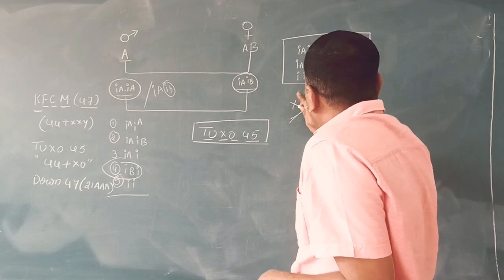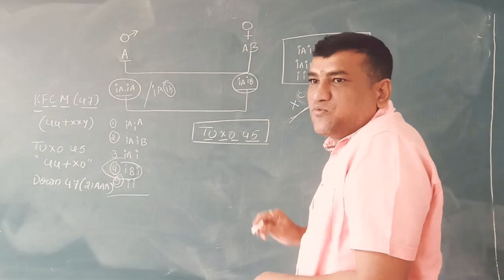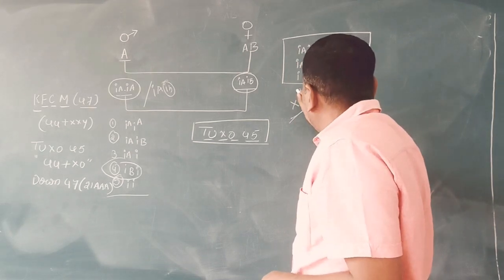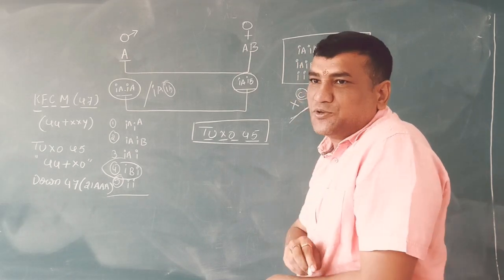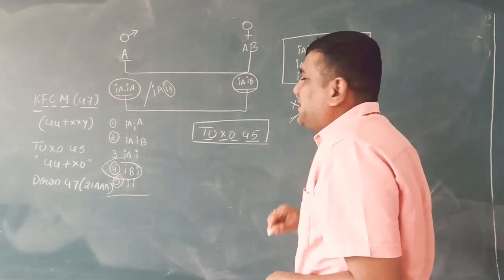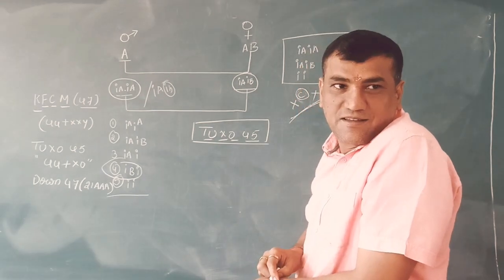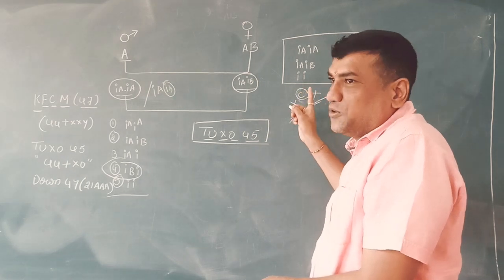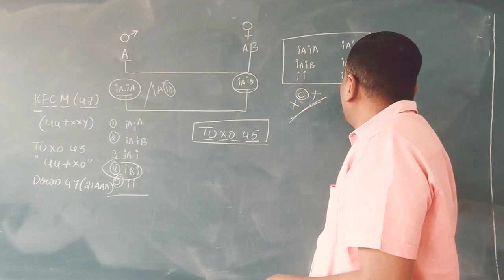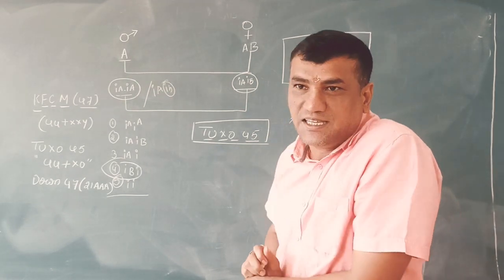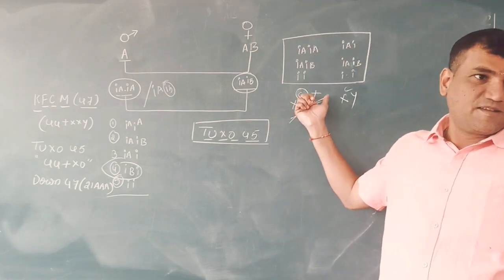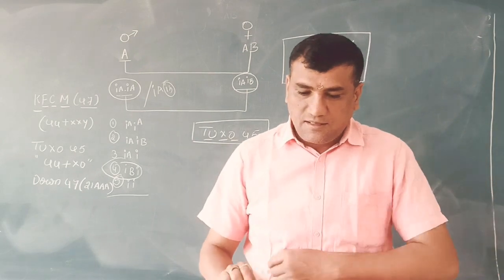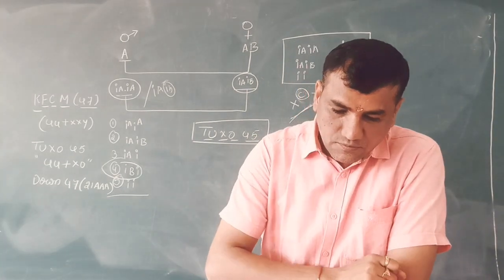Whenever it is shown like this, mother can also be colorblind, but generally when she is a carrier, it will be shown like this, indicating with one more X. Then she is a carrier. Please, only try to identify the symbols, and here it will be showing the C. Next.